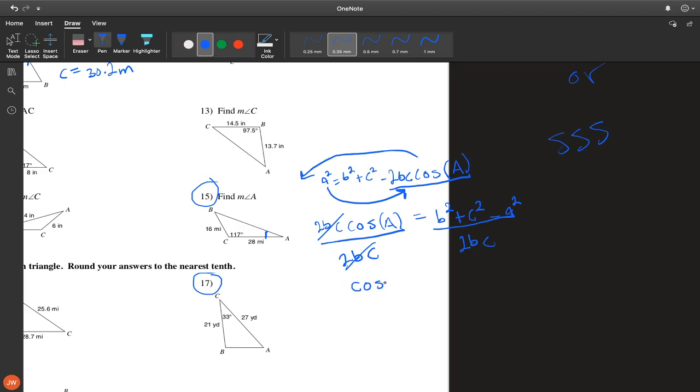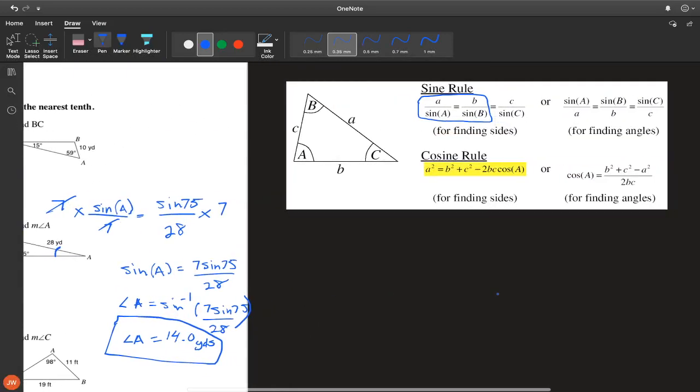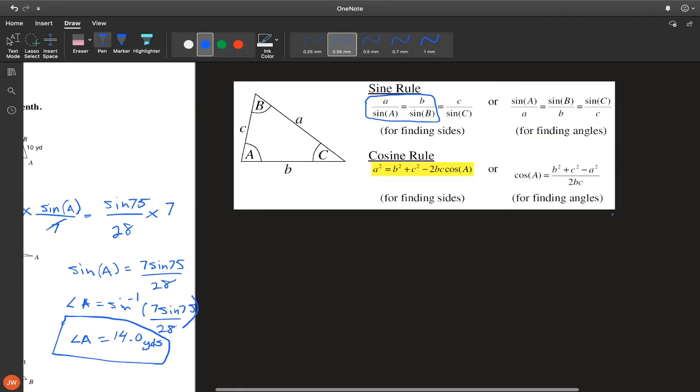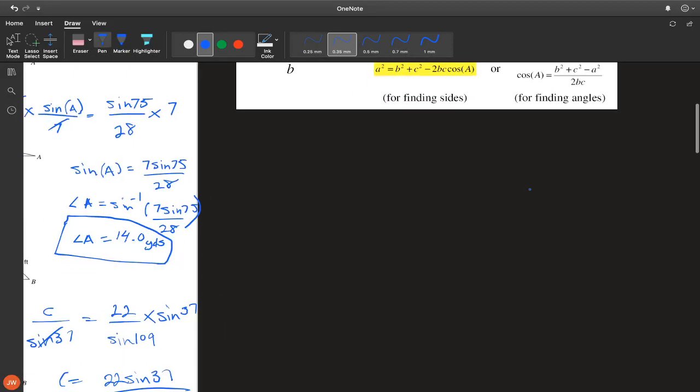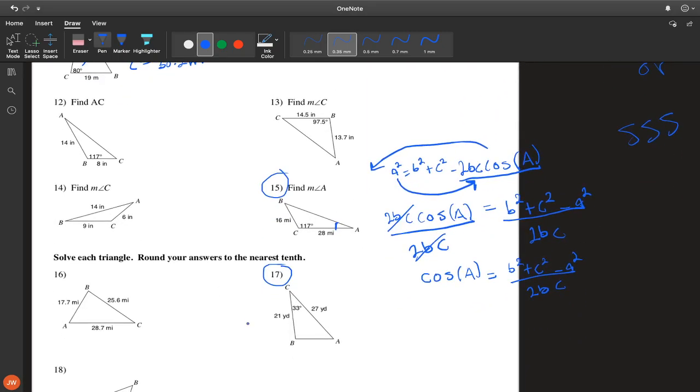Cosine A is equal to b squared plus c squared minus a squared, divided by 2bc. So that's how you would rearrange it. And if you go back, you can see that it's the same right here.